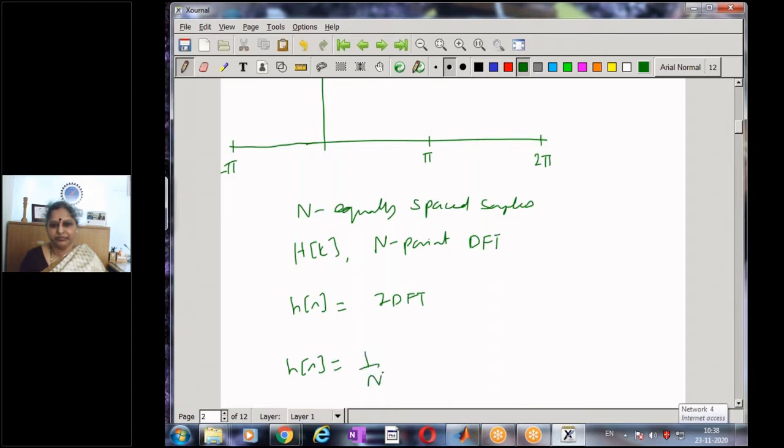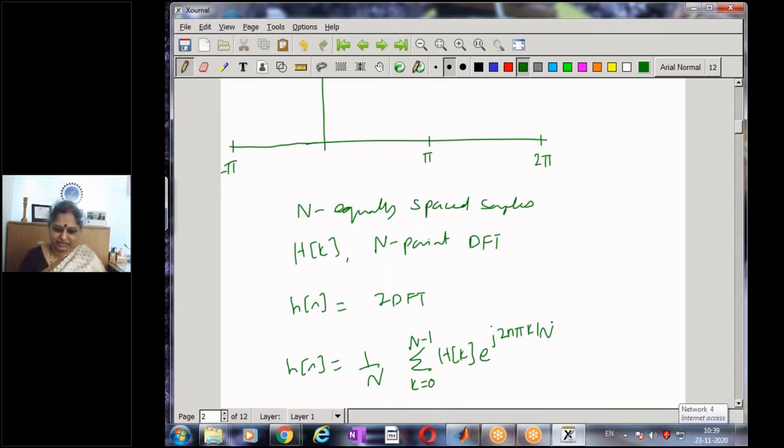This is given by 1 by N sigma over k of H(k) times the exponential term. It's as simple as this. Given the frequency response, I take N equally spaced samples, perform an N-point IDFT, and I get my impulse response h(n).